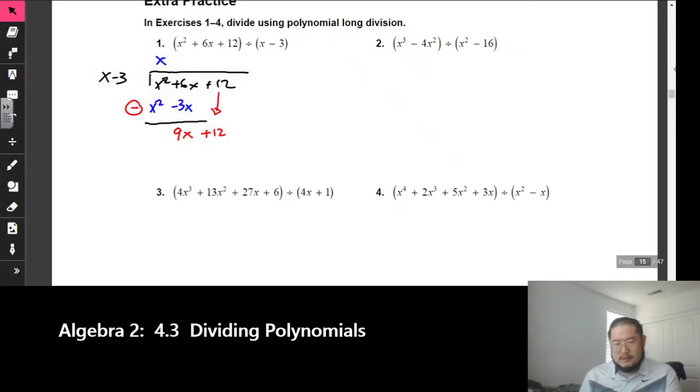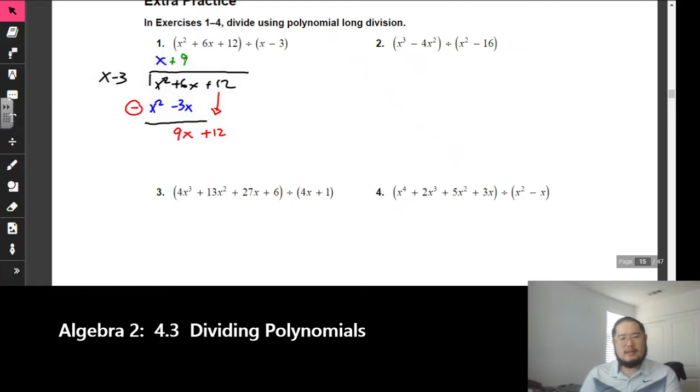And then, just like in regular division, we're going to go ahead and repeat the same process. I want to take the x minus 3, or how many times can x go into 9x? Well, that'll be 9. So I'm going to go ahead and put right here plus 9.